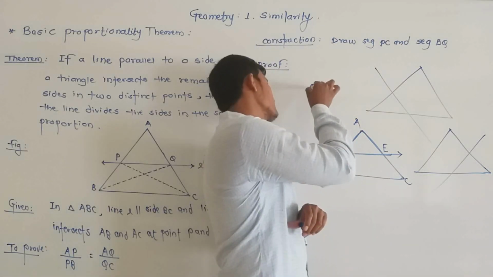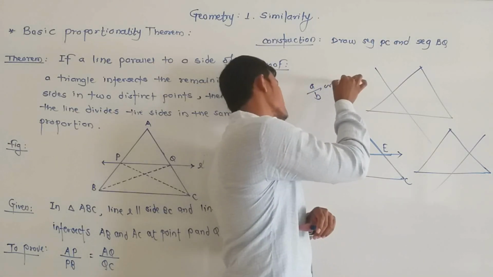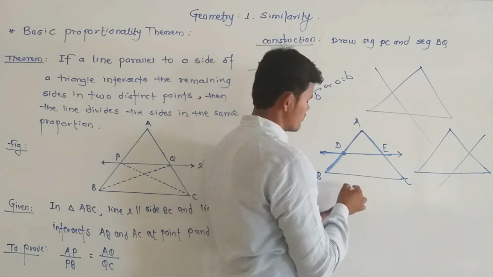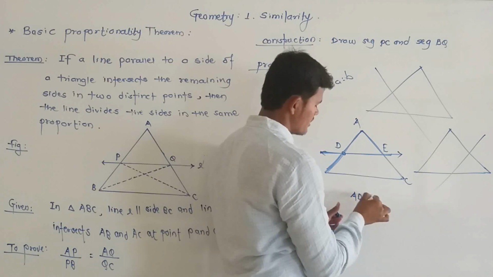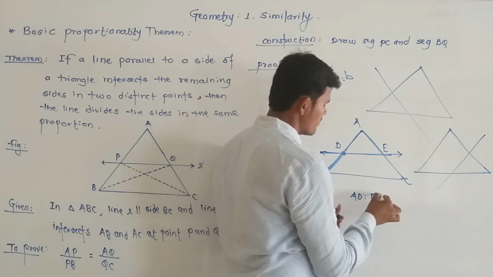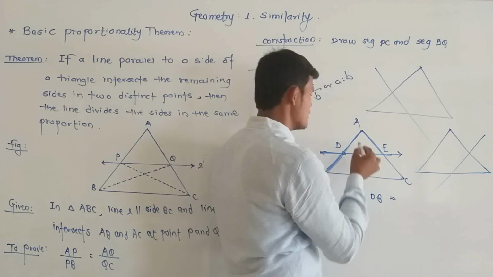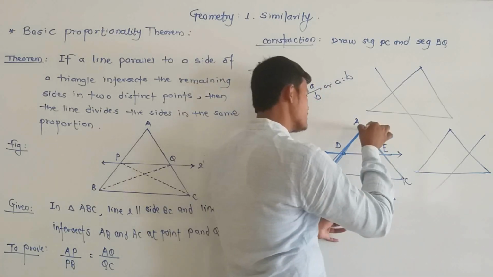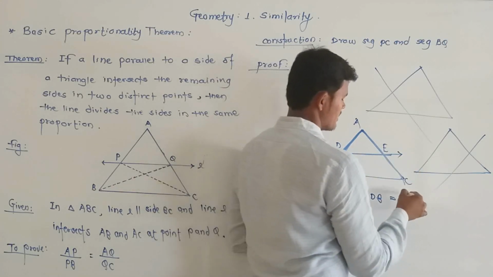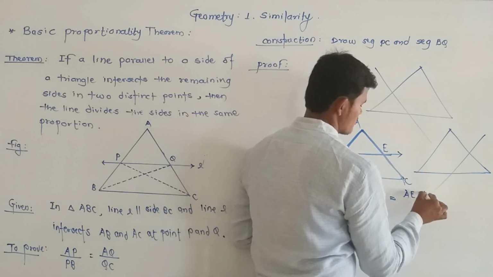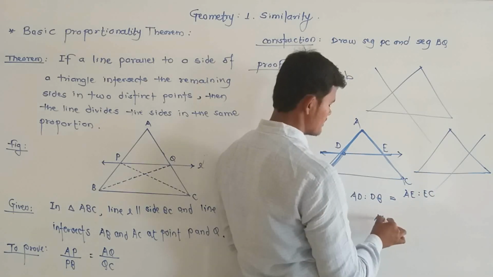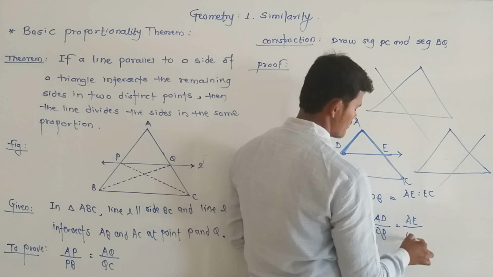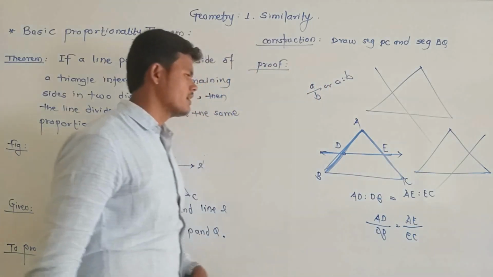Ratio can be represented in the form of A upon B, or proportion, that is A to B. That means this point D divides the segment AB in the proportion AD to DB, and because it divides in the same proportion, जसा D इकडे ह्याला proportion ला divide करतो, same E सुद्धा ह्या लाईनला काय करते, same proportion, that is AE is to EC. So this statement can be written as AD upon DB is equal to AE upon EC. हे आपल्याला प्रूव्ह करायचं आहे.